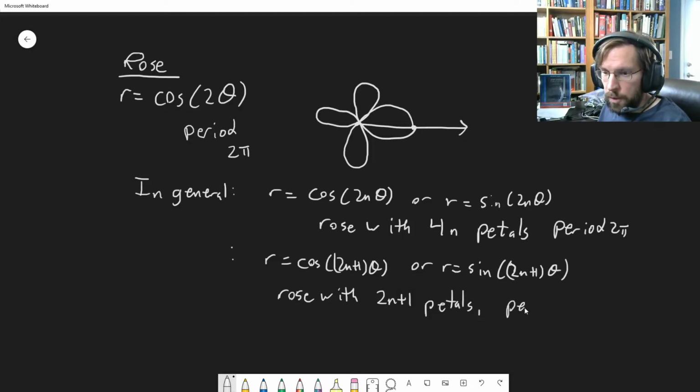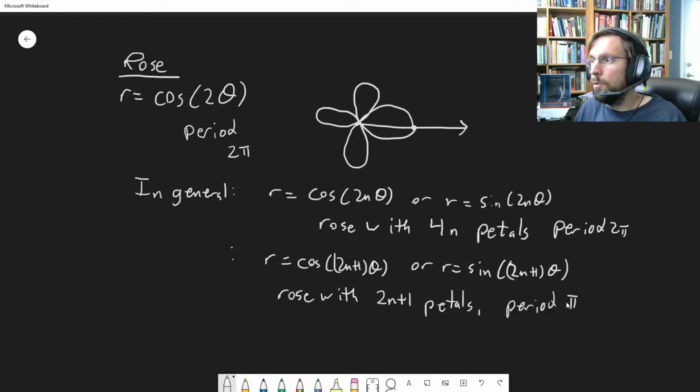And this has period pi. So it's going to repeat itself every pi, like we saw with the r equals sine theta, r equals cosine theta graphs.